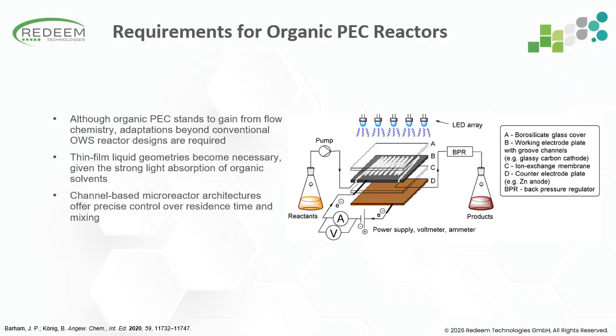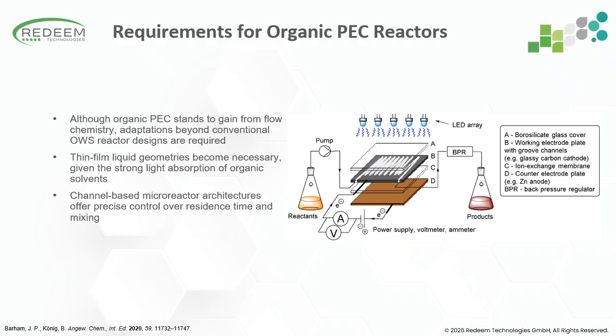The question now is how reactor engineering can help overcome the limitations that we have just discussed, because simply transferring reactor concepts from water splitting is generally not sufficient. Because many organic solvents and reaction mixtures absorb light themselves, thin film reactor geometries become highly advantageous. By minimizing optical path lengths, more photons reach the photoelectrode instead of being lost in the electrolyte.